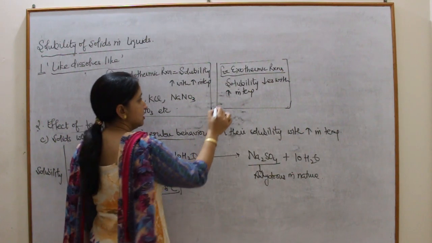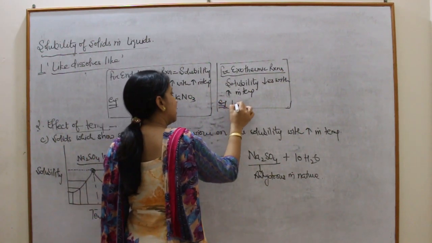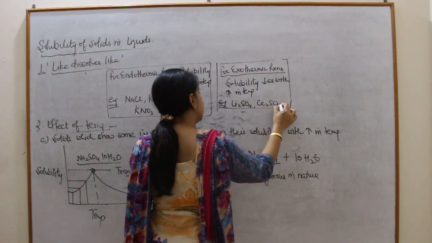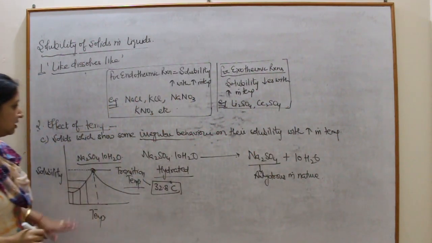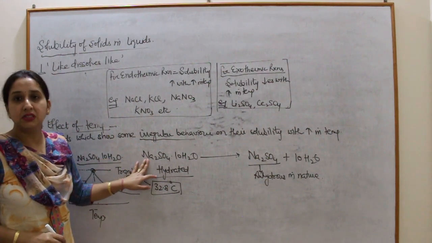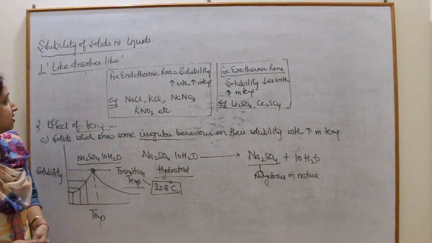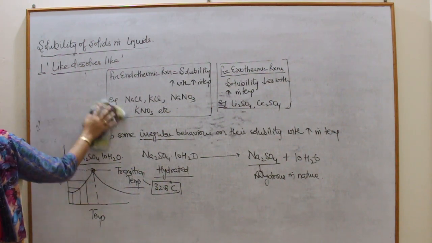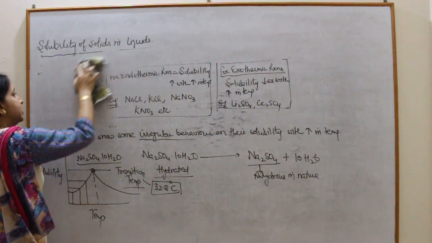These have examples like lithium sulfate, cesium sulfate, etc. And third, there is irregular behavior. Its example is sodium sulfate. So the last factor which affects the solubility of solid in liquid is the effect of pressure.